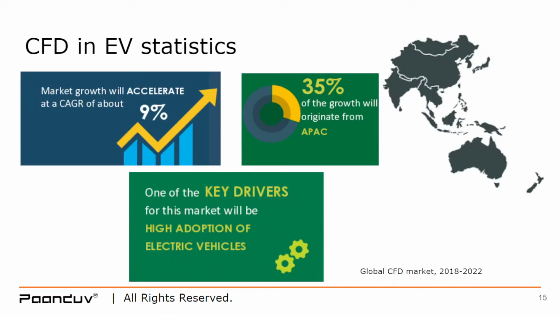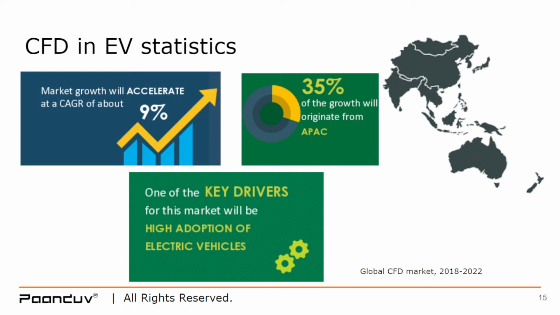Now, how is CFD relevant in this current explosion of the electric vehicle market? CFD itself is growing at a rate of around 9% per year, a steady growth, which is a healthy rate. Out of the entire CFD market, around 35% originates from the APAC countries, which is the Asia Pacific region.